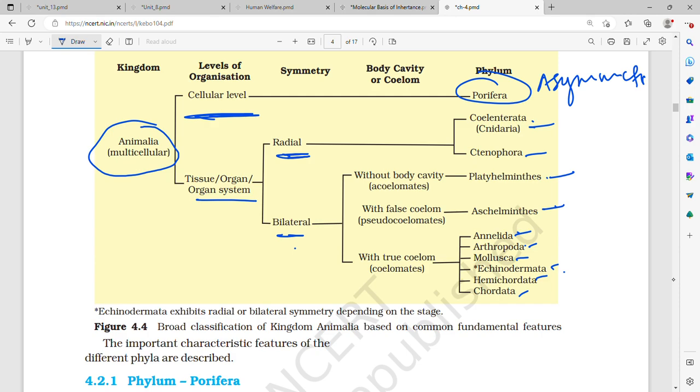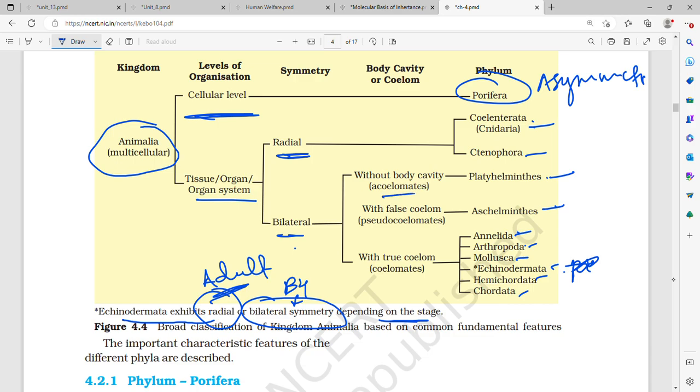That is not adult, that is pre-adult, juvenile, before the adult stage. Bilaterally symmetrical echinoderms are there. Then Hemichordata and Chordata. See, here it is written Echinodermata exhibits radial or bilateral symmetry depending on the stage. In adult stage, it is radially symmetrical. Before that, it is bilaterally symmetrical.